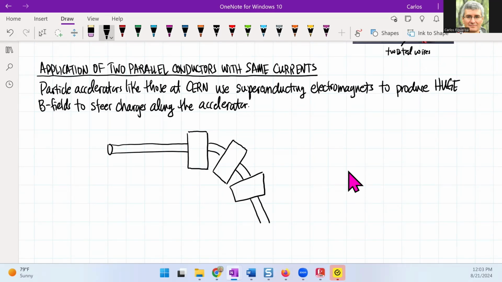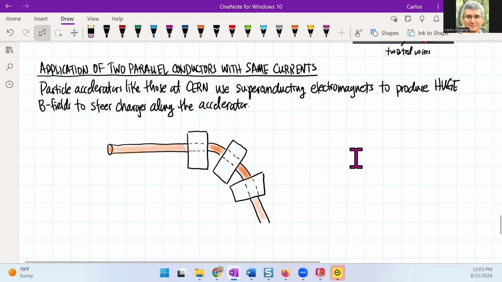So this is how you're making them change direction here. You're using these magnets. This is called the beam pipe. And at CERN, what they do here is that they shoot in protons.